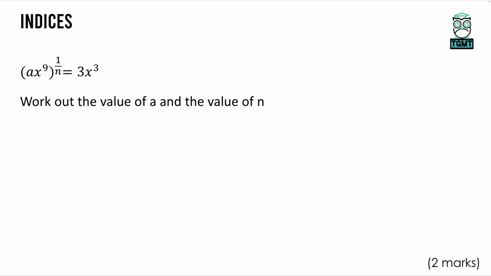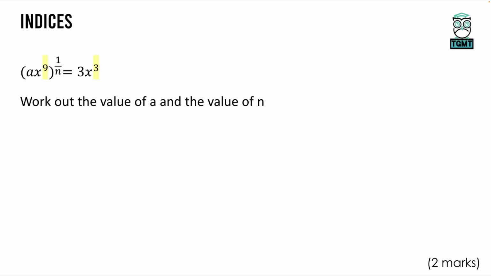So in this case, with a fractional index, we're going to need to have a look at which pieces we've been given and how we might get there. So we have been given that there is a power of 9, and it's turning into a power of 3. So we need to think about this 1 over n and how we're going to get from 9 to 3. Now powers in brackets multiply.